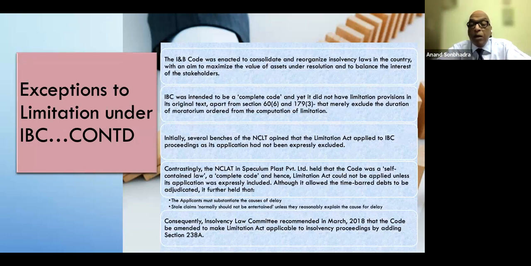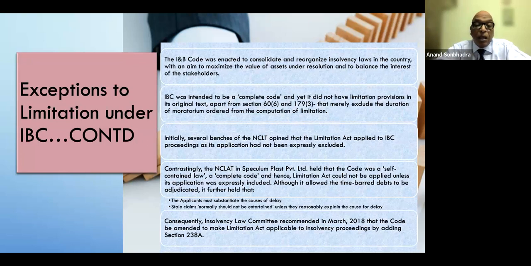Although it allowed time-barred debts to be adjudicated, it further held that the applicant must substantiate the cause of delay. Stale claims normally should not be entertained unless they reasonably explain the cause of delay.